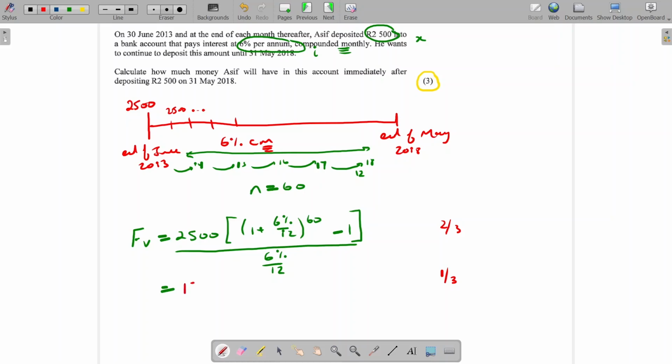In my denominator, 6% divided by 12 equals, and it tells me that I will have a future value of 174,425.076. So we'd need to round off to 2 decimal places because it's money. So we're going to come back here with the eraser and realize that 076 would round off to 0.08. And there we are done with the lesson on future value. Thanks for your time. Good luck.